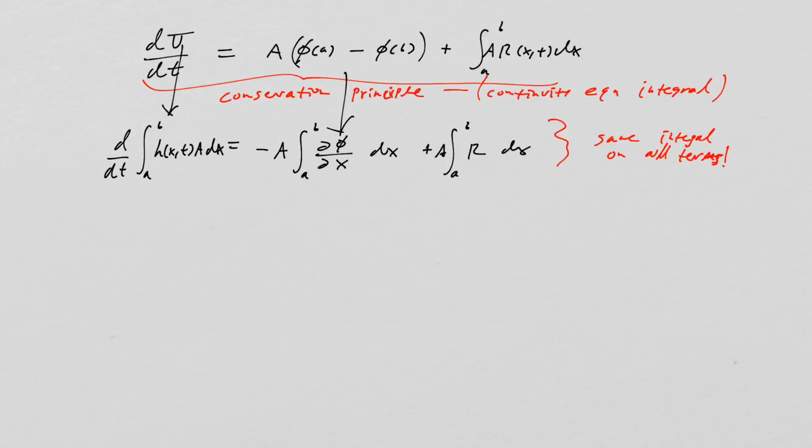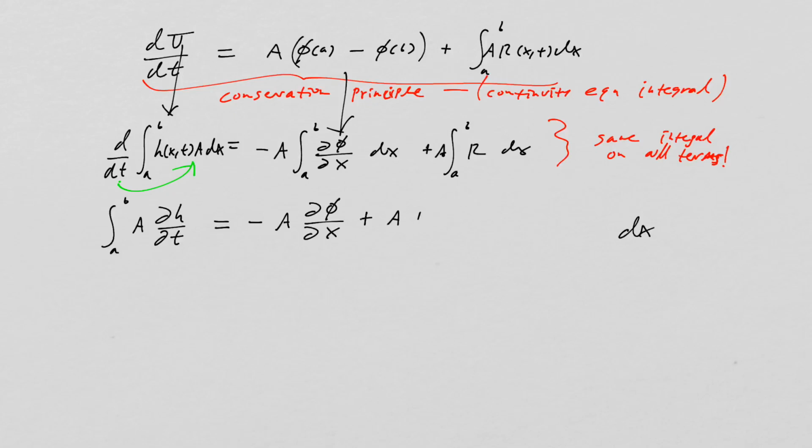That means we can now take the integral outside, and on the inside I'm going to move that in there. What we get is the partial derivative in time of the energy density times that A value is equal to negative A times the partial derivative in space of the flux plus A times R, with the dx there.